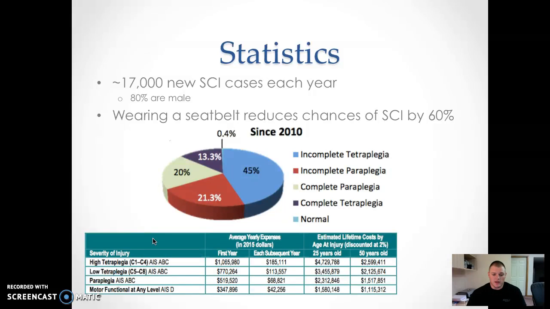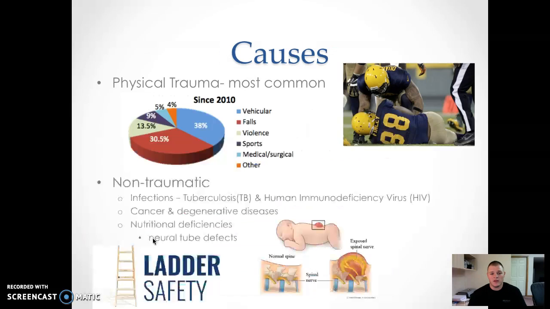This injury ends up costing a lot because a lot of people need full-time, year-round care if they don't bounce back. So the most common cause is trauma, specifically vehicle crashes, and then falls. Violence and gun violence. Gunshot wounds to the spine are pretty common.